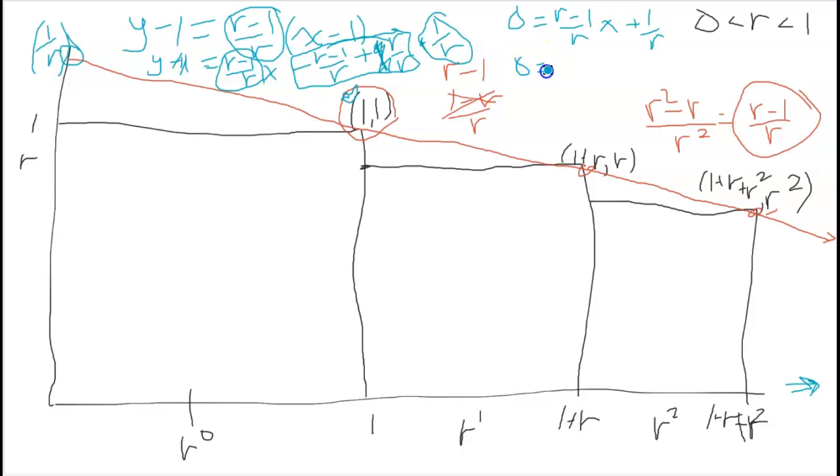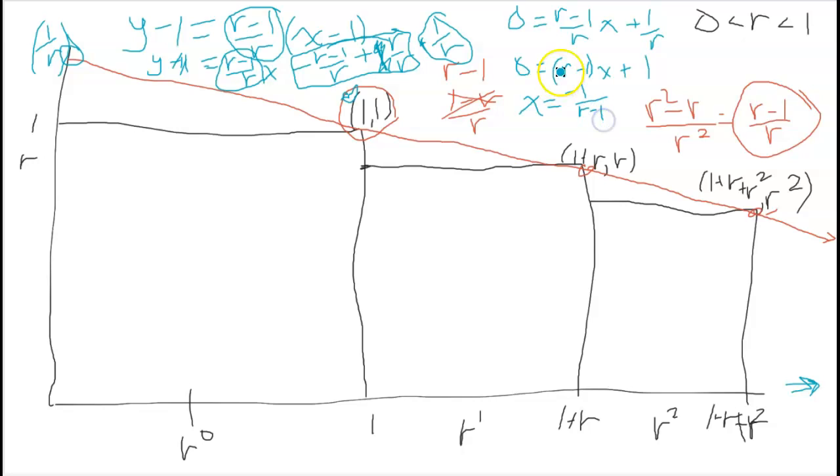0 equals r minus 1 times x plus 1. So doing two steps in one, x equals 1 over negative 1 over r minus 1.